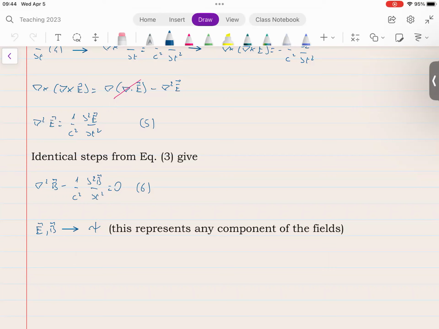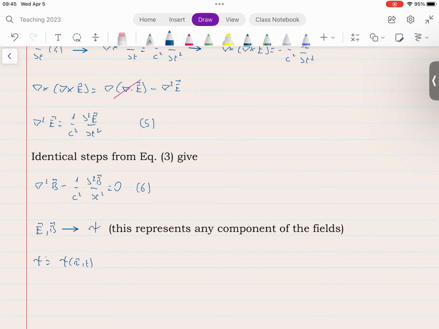I should clarify that in general, psi is psi of r and t, but I can also work more easily just with one coordinate.